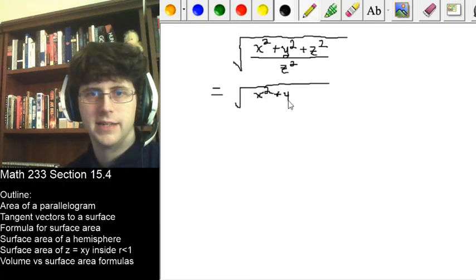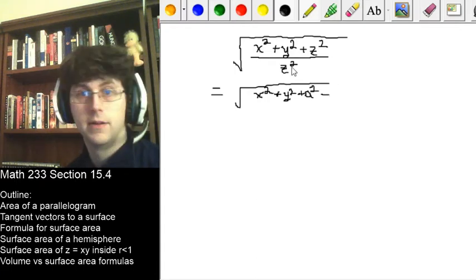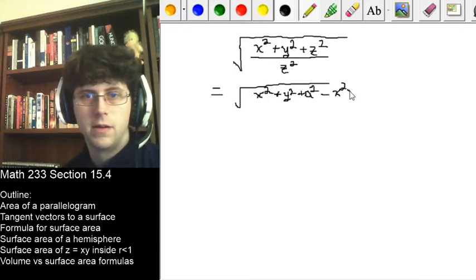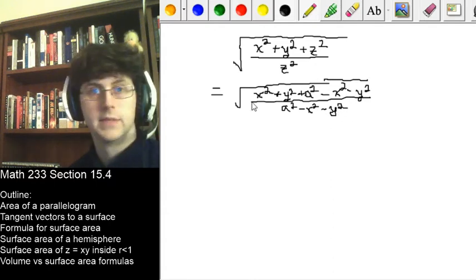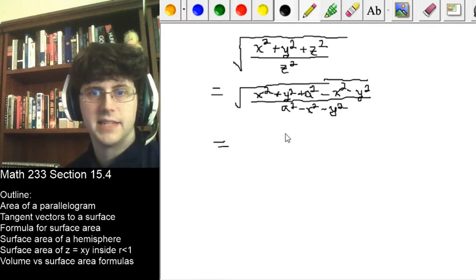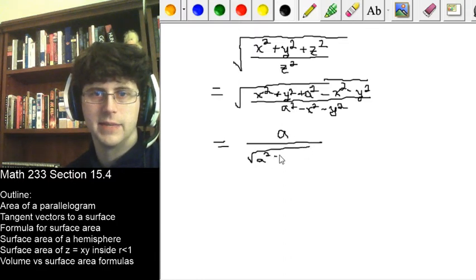Z squared is a squared minus x squared minus y squared. Seems great. Bunch of stuff cancels. The top is just square root of a squared. The bottom is this thing, square root a squared minus x squared minus y squared.